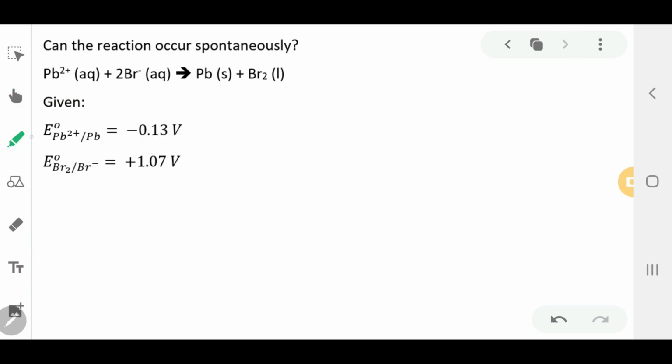Okay, so again, you are given the SRP values. Okay, so these are the SRP values.